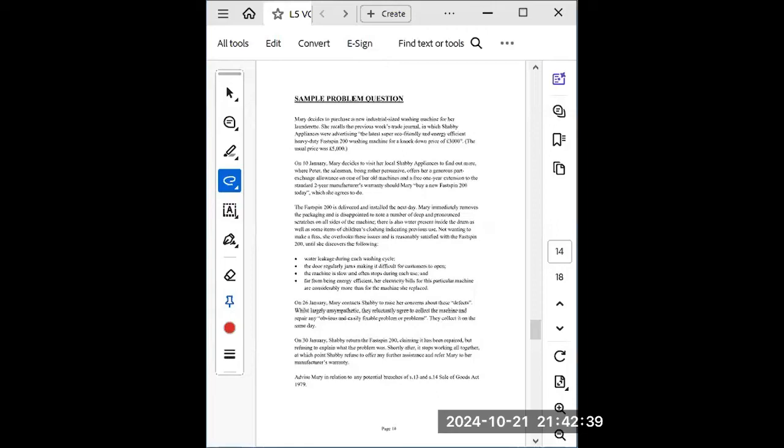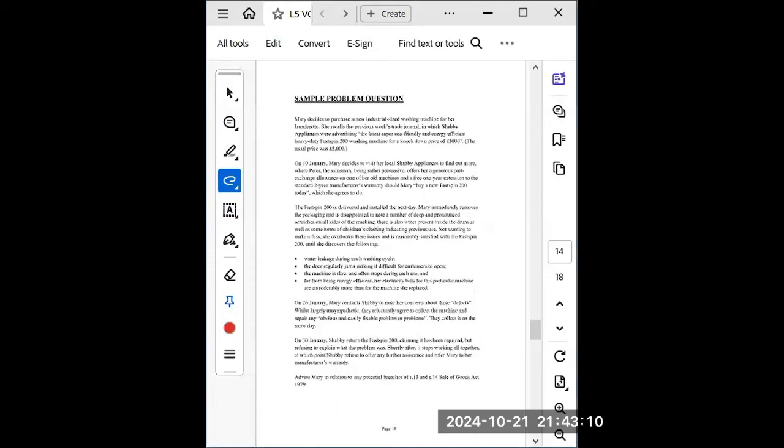The door regularly jams, making it difficult for customers to open. The machine is slow and often stops during each use. And far from being energy efficient, her electricity bills for this particular machine are considerably more than for the machine she replaced. On the 26th of January, Mary contacts Shabby to raise her concerns about these defects.